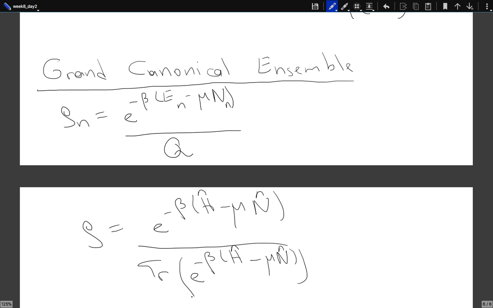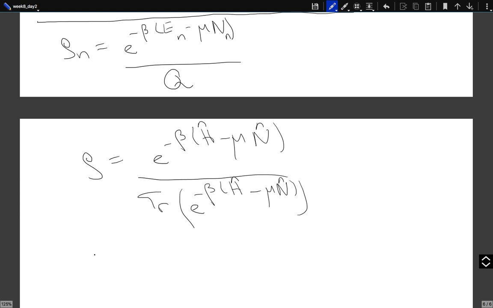There is one slight point that you have to pay attention to. What we had shown before is that H and rho should commute.